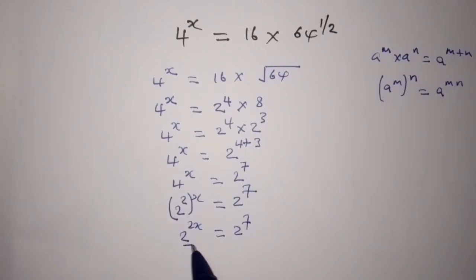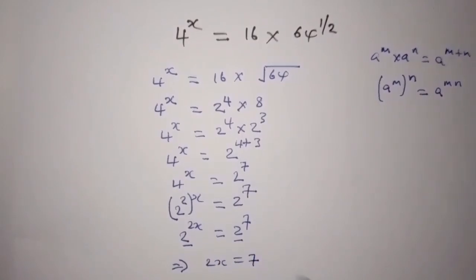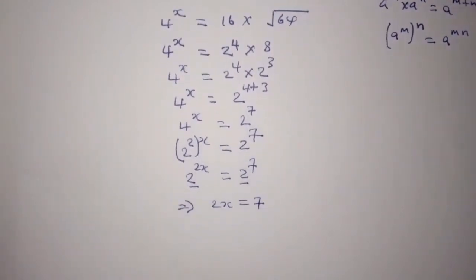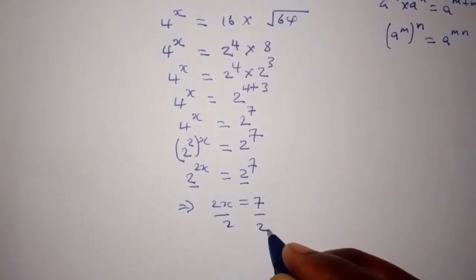Our base here is common. So this implies that 2x is equal to 7. We can divide by 2.